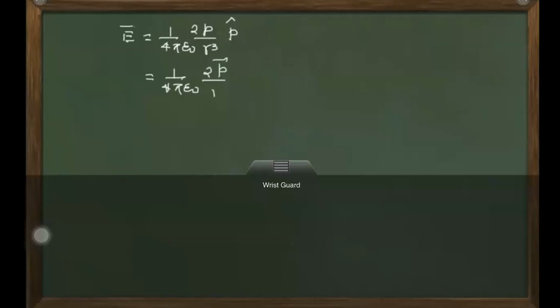And now we can write it as vector E is equal to 2p upon r cube. So this is the vector presentation of electric field due to an electric dipole in an axial situation or condition.